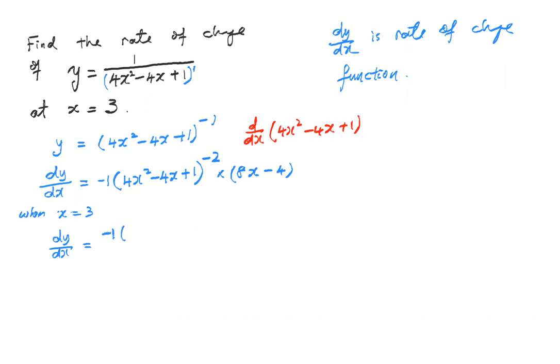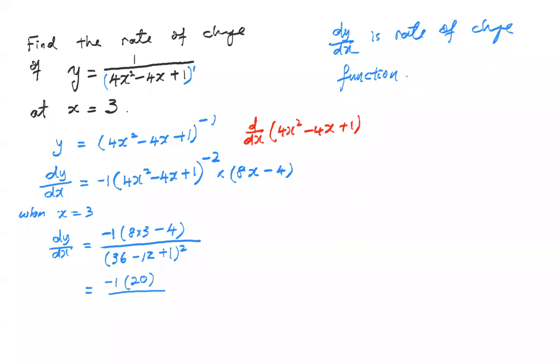8 times 3, 24, take away 4, divide by 9 times 4, 36. Okay, I have to translate. Minus 12 plus 1 squared. Am I right? So this will be -1 times 20 divided by 25.